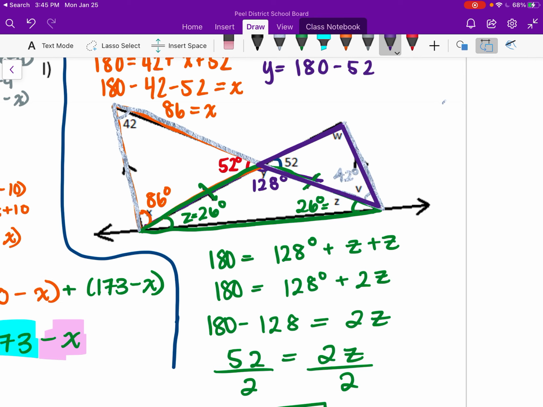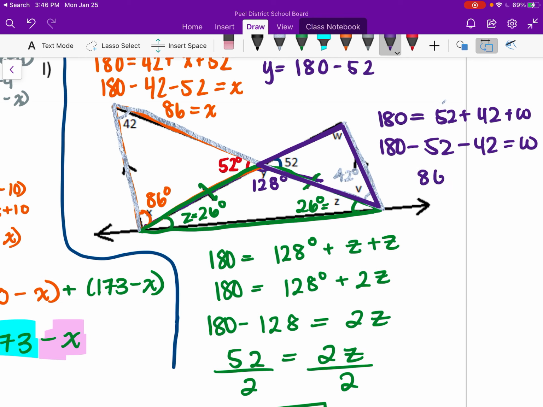By doing 180 is equal to 52 plus 42 plus W, so 180 minus 52 minus 42 is equal to W, right? And if I do that math, I'm going to get 86 is equal to W.